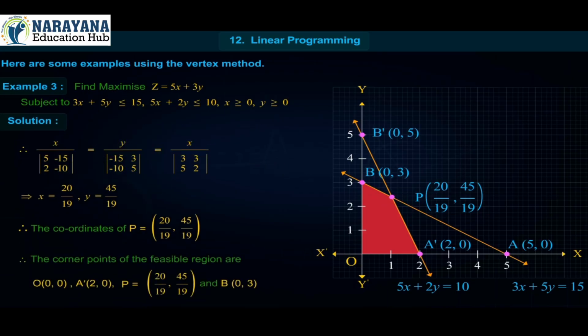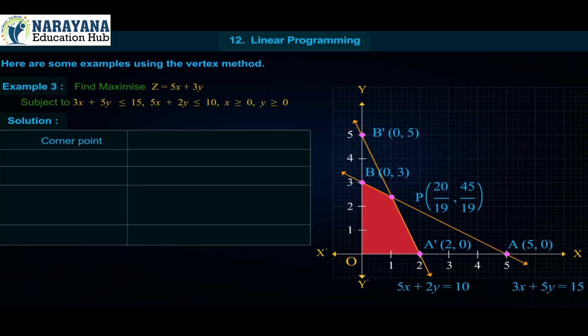Therefore, the corner points of the feasible region are O (0, 0), A dash (2, 0), P (20 upon 19, 45 upon 19) and B (0, 3).